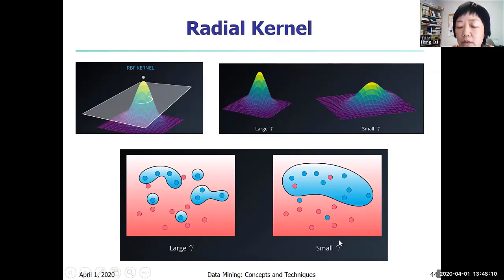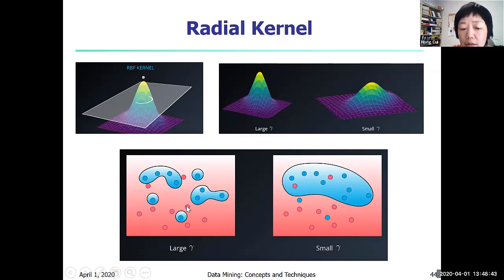Versus when you have a smaller gamma, because the slope is broader, even shorter, this group of distributions is going to impact more of the surrounding nodes, ending up with a shape that covers more dots in a range.